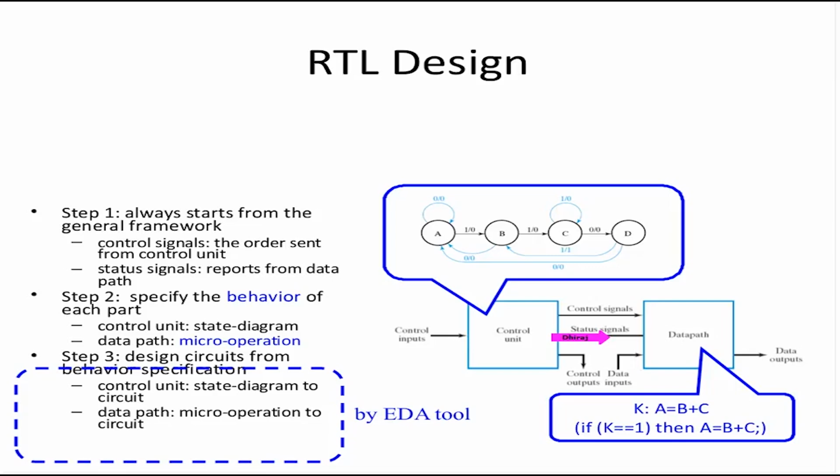Step 1 is called the architecture phase. Step 2 is where we actually code the RTL. Step 3 is conversion of RTL into gates, which is performed by the EDA tool. In our case, it is design compiler.